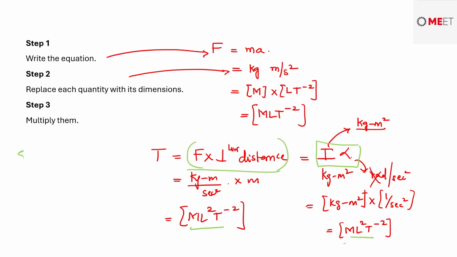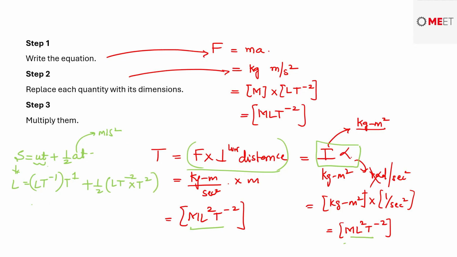You can also evaluate by using S is equal to ut plus half at square. The dimension of S is L, and for ut, the dimension of velocity is L T power minus 1 into time, T power 1. The units of half are not specified, but for acceleration it is meter per second square, so L T minus 2 into T power 2.